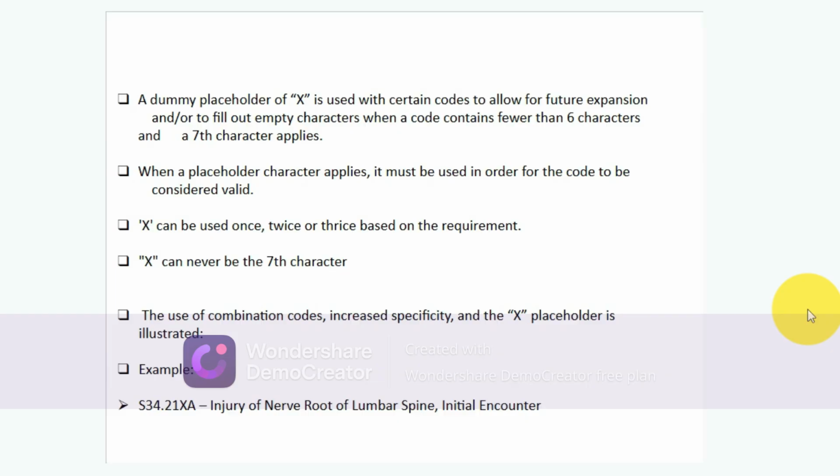X can be used once, twice or thrice based on the requirement. X can never be the last, or 7th, character. The number of combination codes increases across specialties, and the X placeholder is illustrated. Example: S34.21X injury of the nerve roots of the lumbar spine, initial.